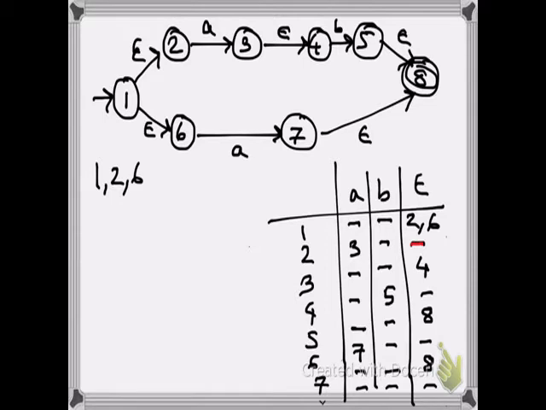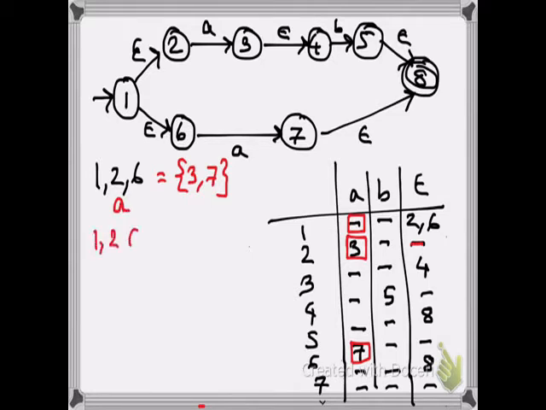We see which transitions are taken by 1, 2 and 6 on input symbol A. 1 nothing, 2 takes 3 and 6 takes 7. So what we got was 3 and 7. On A, 1, 2 and 6 go to 3 and 7.